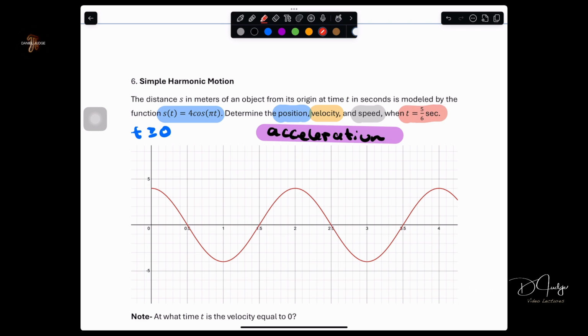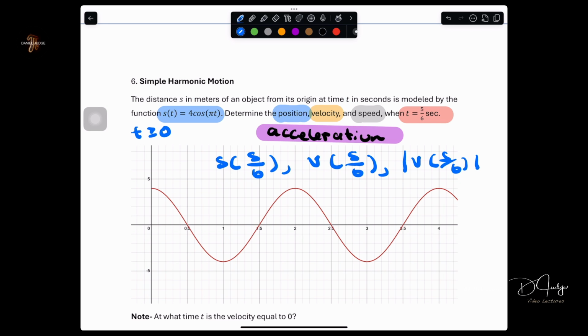All when the time value is 5/6. So they're saying, hey, what is S of 5/6, V of 5/6, the absolute value of V of 5/6, A of 5/6.